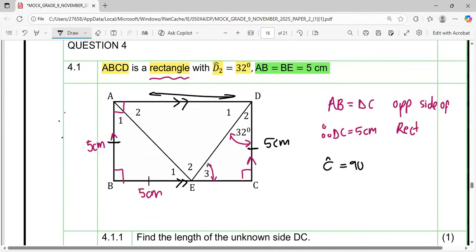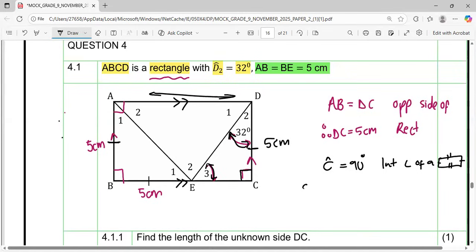And then our reason for that is that it is an interior angle of a rectangle. We already know that they're equal to 90 degrees. So if we have 90 degrees there, we have 32 there, it means we can find E3.